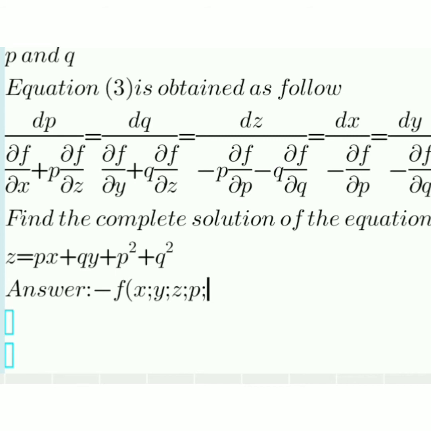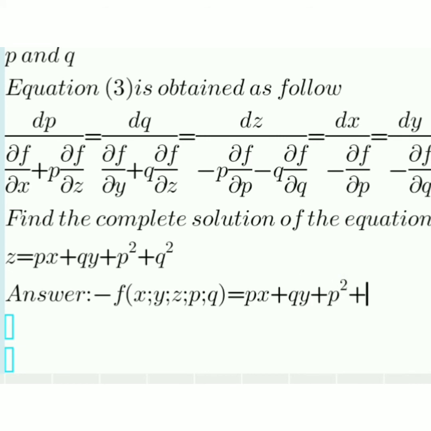This is my total function, and this function can be written this way, friends, in a very simple way: px plus qy plus p square plus q square minus z.